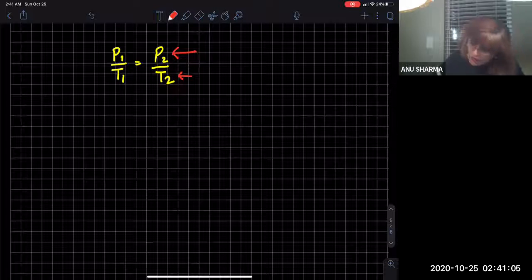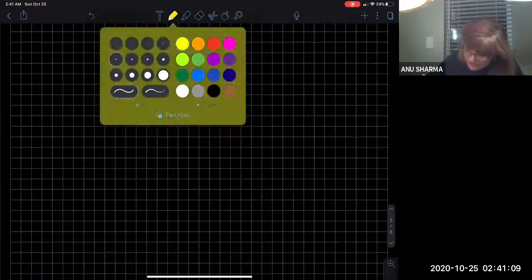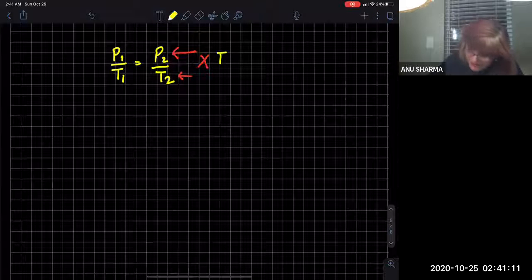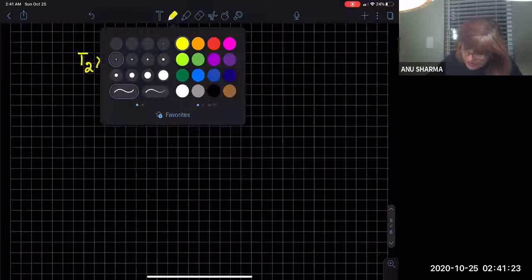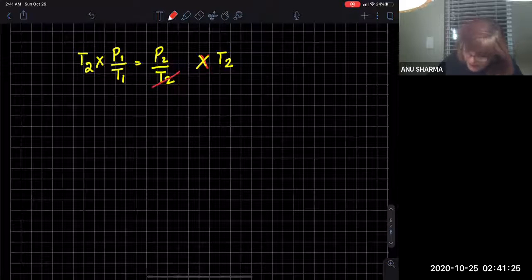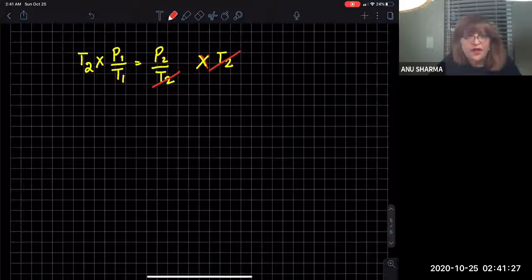So you multiply this side by T2, and the left-hand side also by T2. This cancels out the T2 on the right-hand side, and now we have the T2 on the left-hand side.